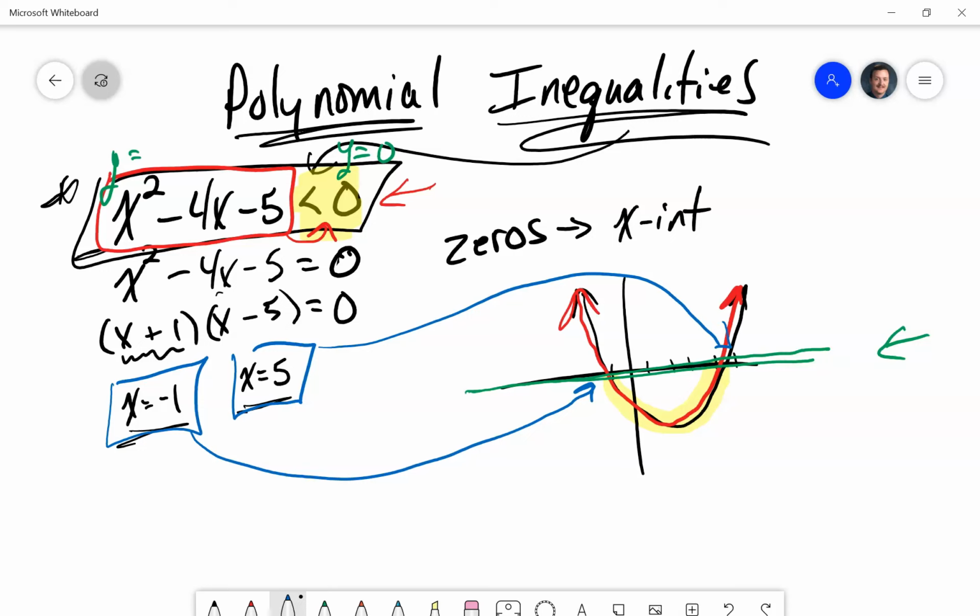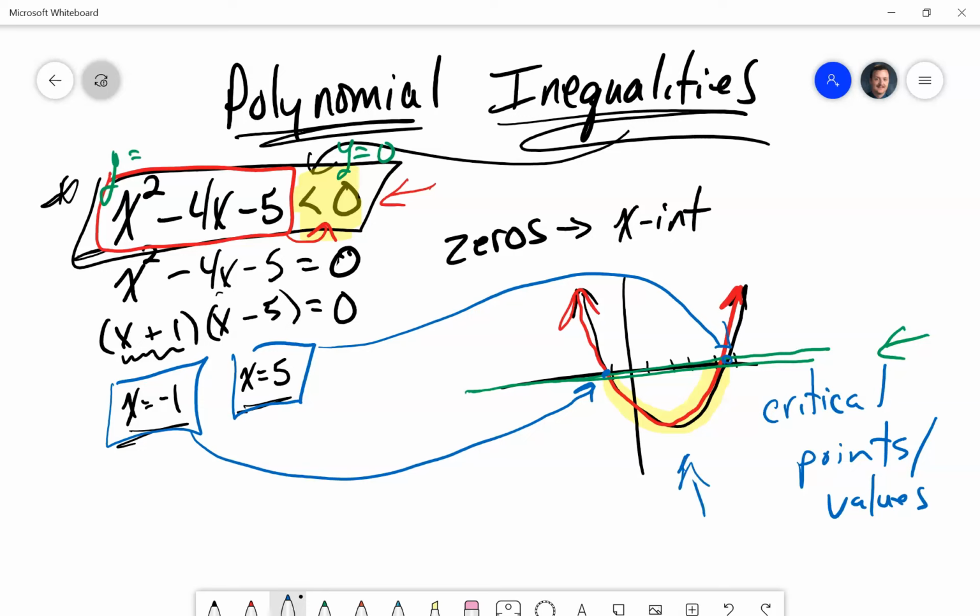So that represents kind of changing points, and we call these critical values. They are points where we need to investigate further because something's changing. Critical points or critical values. Sorry, I was saying one thing and wrote another. Critical points or critical values at -1 and positive 5. So in this case, when we were looking at where it is below 0, the below 0 is the part that we've highlighted right here.